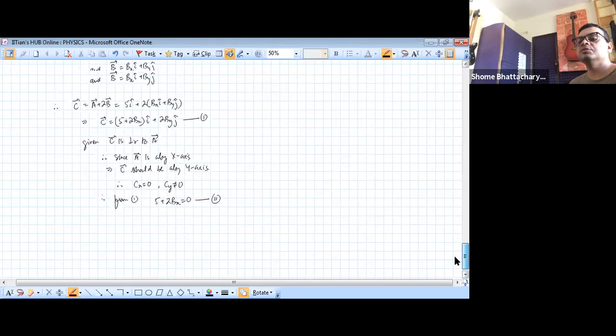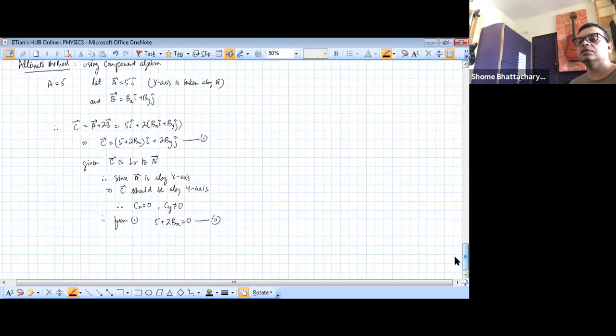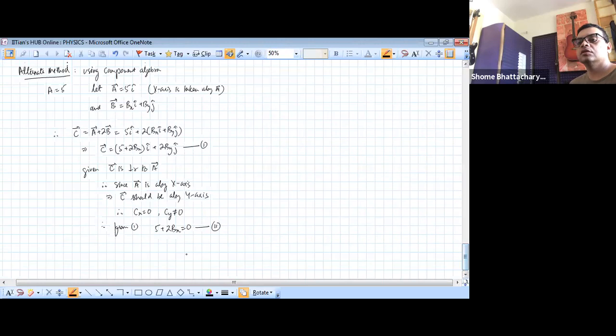Now, similarly, there's some information about D given to you. The next thing given to us is that D is equal to E plus B. And magnitude of D is also 5. So that means D is equal to 5 i cap plus bx i cap plus by j cap.